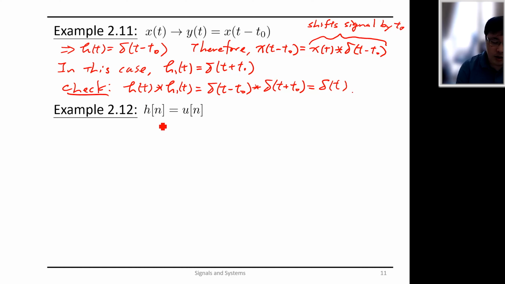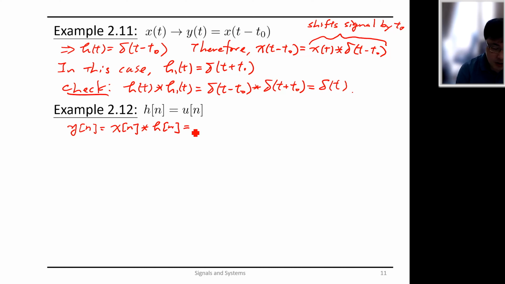Now, in the bottom, we have another example for the discrete time case. Here we assume that the impulse response h of n is equal to a unit step function. So in this case, the output y[n] should be equal to the input convolved with the impulse response.